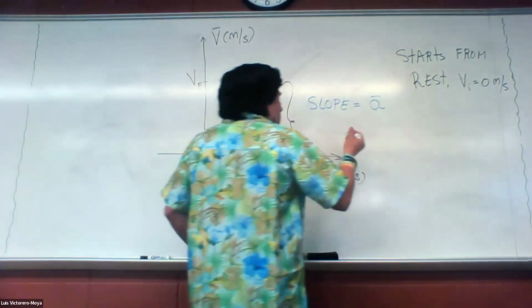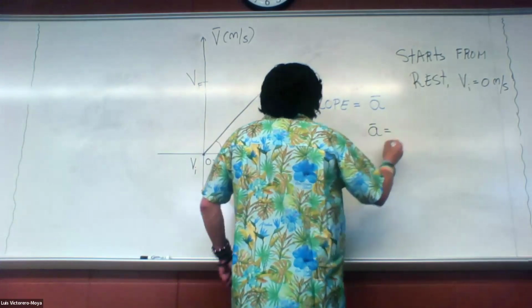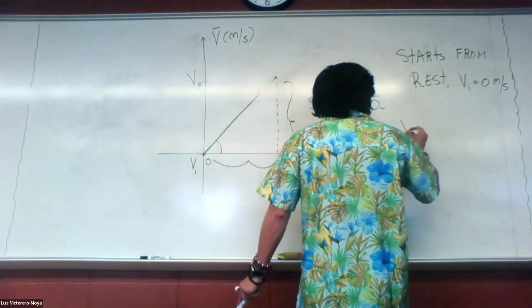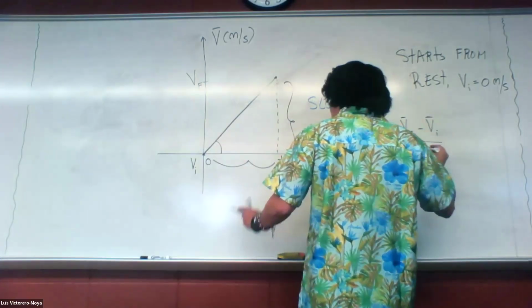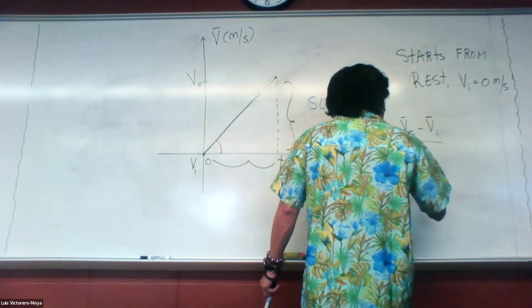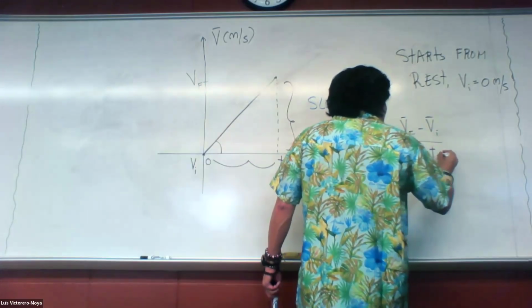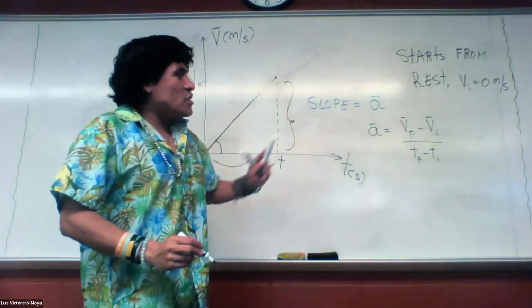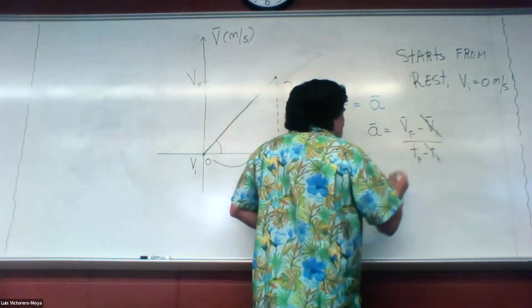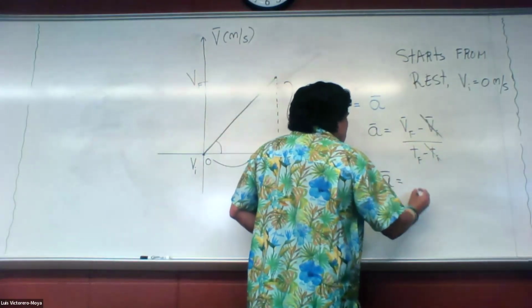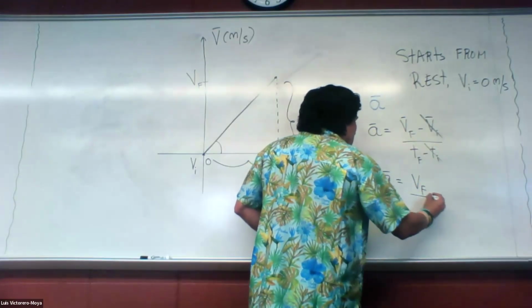The acceleration here is V final minus V initial over T final minus T initial. But V initial and T initial are 0. So acceleration is V final over time.